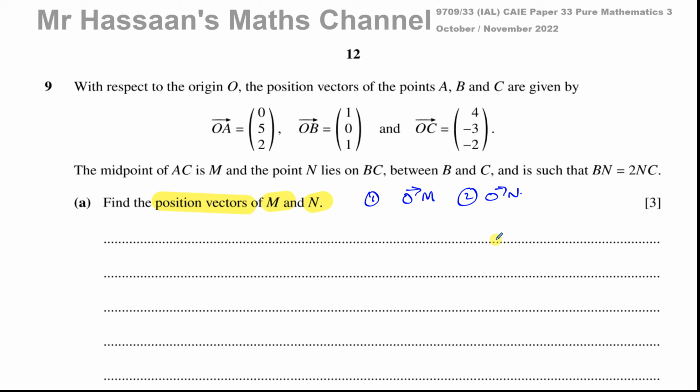Now I'm going to make a little diagram. With vectors, it's always very advantageous to draw a diagram to represent your situation so that you can think about it in a clearer way.